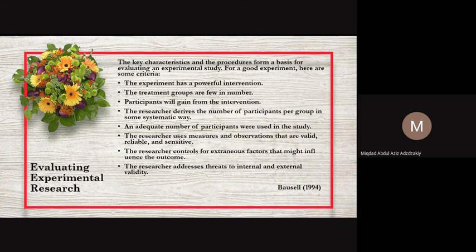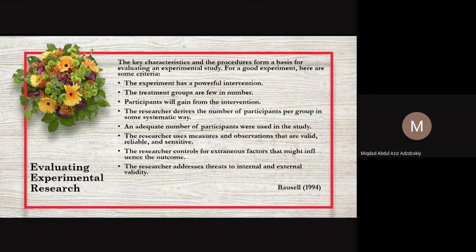The first, the experiment has a powerful intervention. The second, the treatment groups are few in number. And the third, participants will gain from the intervention. The fourth, the researcher derives the number of participants per group in some systematic way. And the fifth, an adequate number of participants were used in the study.